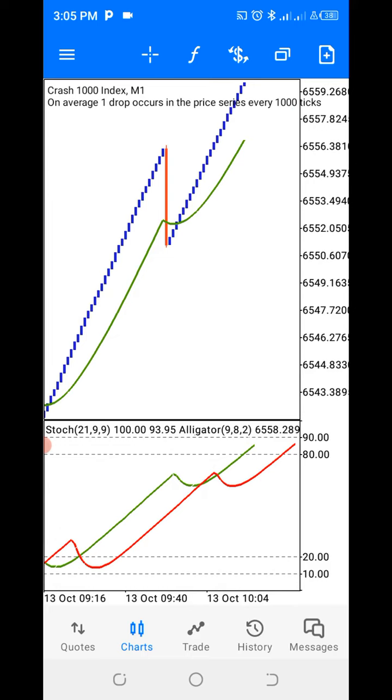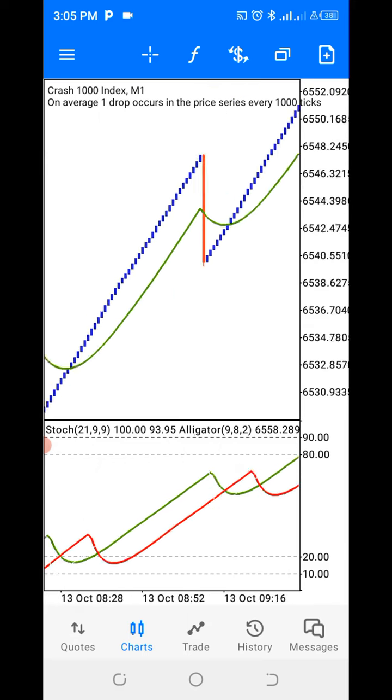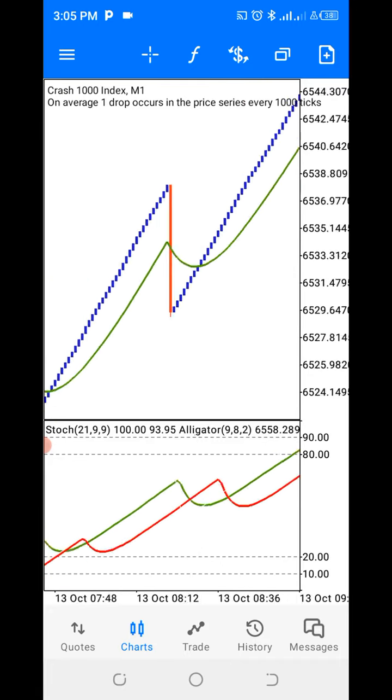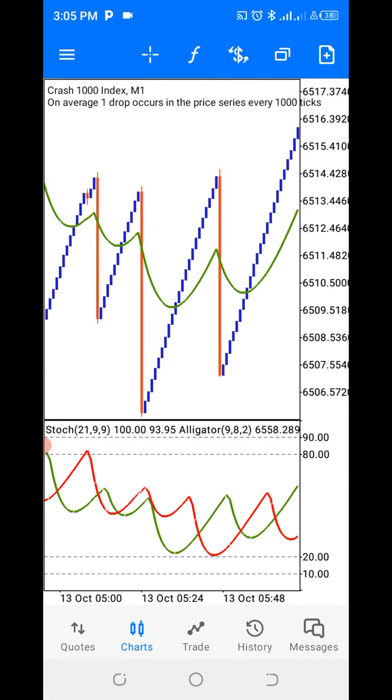So this is another powerful strategy you can use to build your small account and grow your equity. The strategy is a very simple one which you can use to trade Boom1000 and Crash1000.